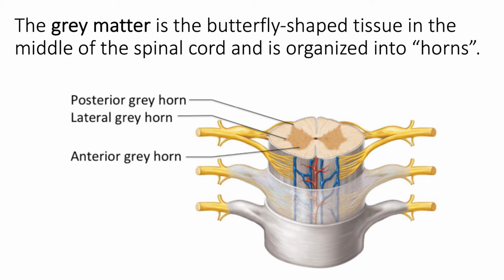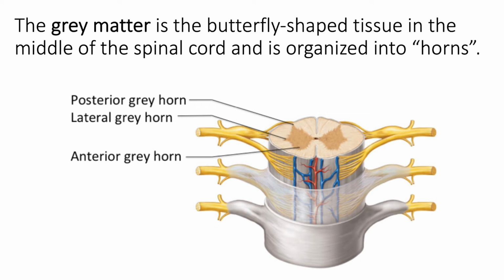peripheral nervous system. Now, the gray matter is further subdivided into horns. On the anterior side, you have the anterior gray horn. Remember, the spinal cord is bilaterally symmetrical, so there's a right anterior gray horn and a left anterior gray horn.